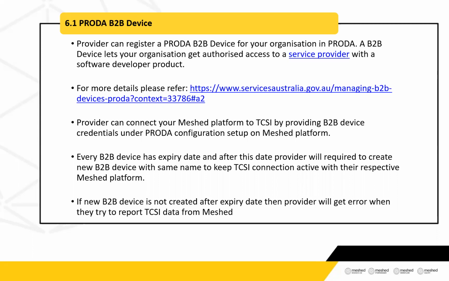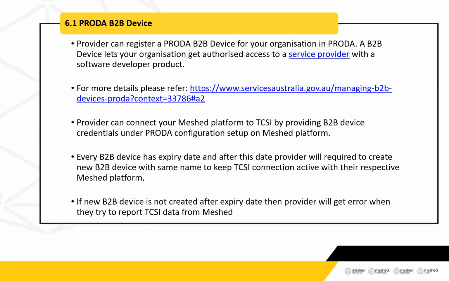Now, as you're using your Mesh platform to do your TCSI reporting, it will be really helpful if you keep the same name for the PRODA device which has been used previously, because then you don't have to reconfigure the entire setup again. You can just carry forward with the new device from that step.